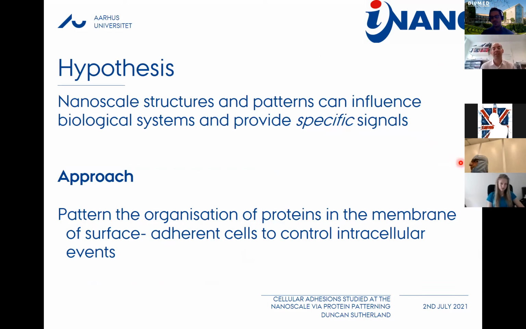This size scale in itself can give you some specificity, and that gives us a possibility to control how adherent cells will respond. The idea is that if we create a pattern of proteins at a material surface, we can control organization of proteins within the membrane of cells in contact, and that will give the possibility to give signaling events.